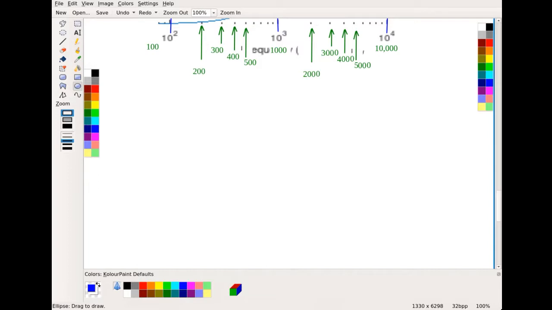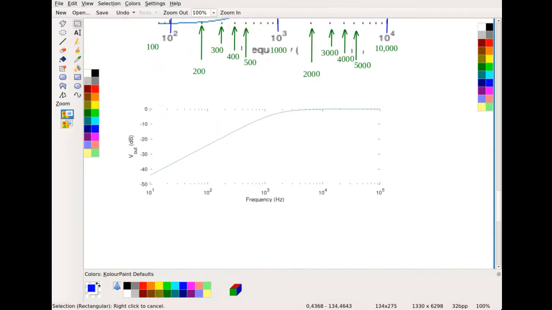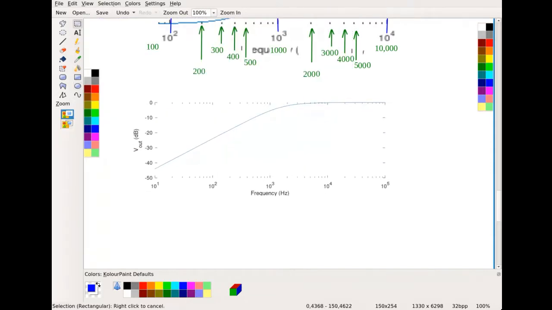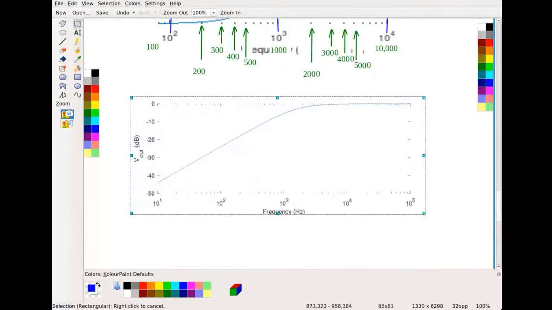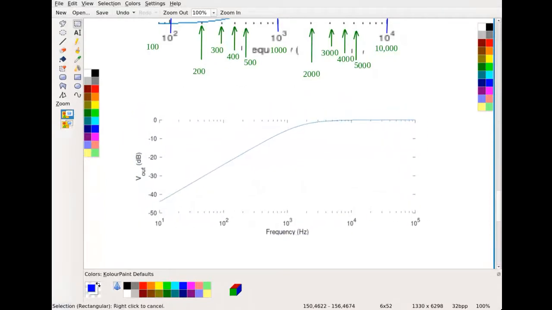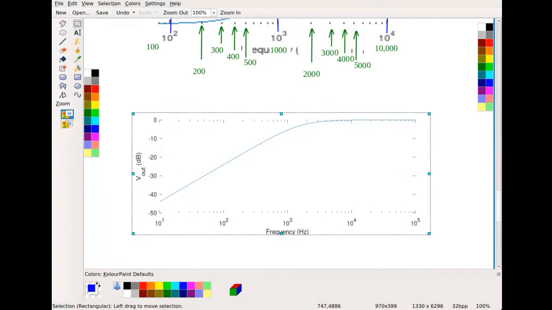Not showing up real well, but all right, so now what I've done is I've replotted this using decibels. Okay, so this is what it looks like using decibels.